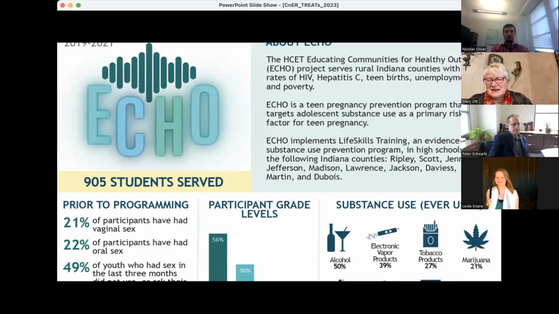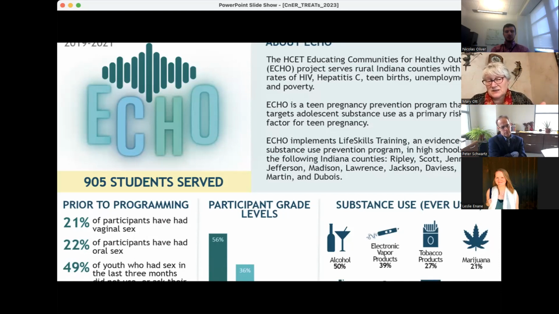This is an example of the infographic that my community partners put together, and it focuses on some of the things that I talked about. Reach: 905 students were served. About a fifth of the students had vaginal sex, and a similar number had anal sex. We looked at substance use: 50% had used alcohol, going down to 21% using marijuana.